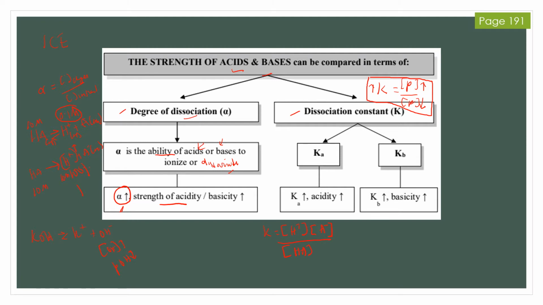If Ka is high, the value of H plus is high. pH equals negative log H plus, so since H plus is high, the pH will be low. Remember there is a negative sign here. So Ka high, acidity high, pH low. Same with Kb: Kb high, basicity high, meaning the concentration of OH minus is high, so pOH will be low. But since pH plus pOH equals 14, the pH will be high. That is the relation.